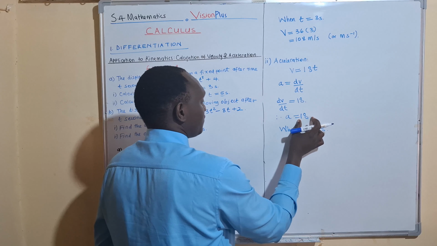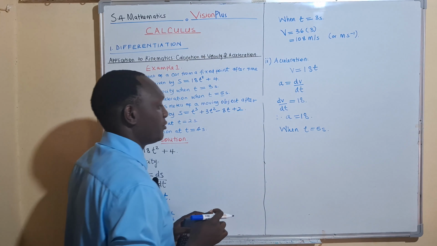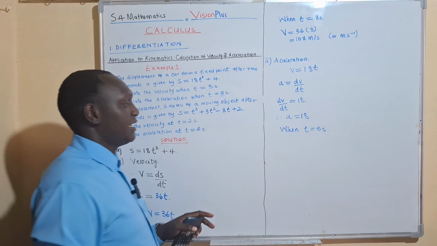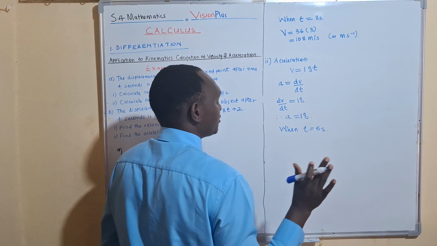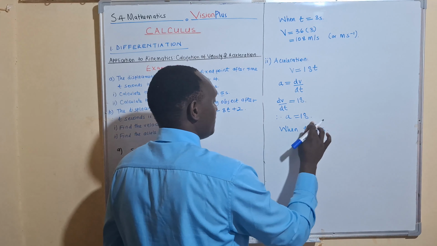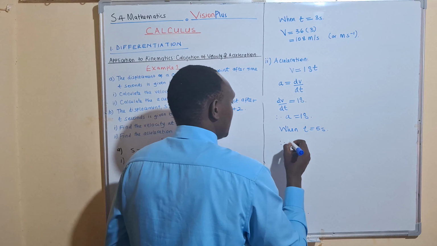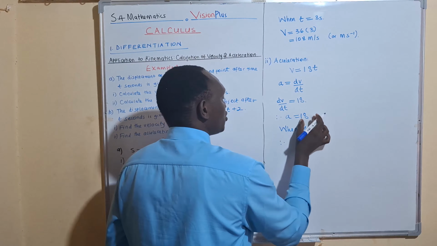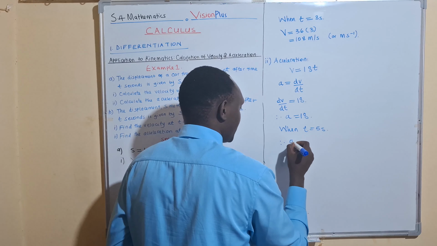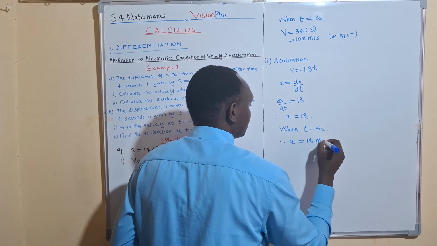But if you look at the expression for acceleration at any time t, it does not have any time variable in it. What does it mean? It means that the acceleration is independent of time. It doesn't matter what the time is, the acceleration will always be the same. So when time is 5 seconds, there is nowhere here we can substitute for t as 5.